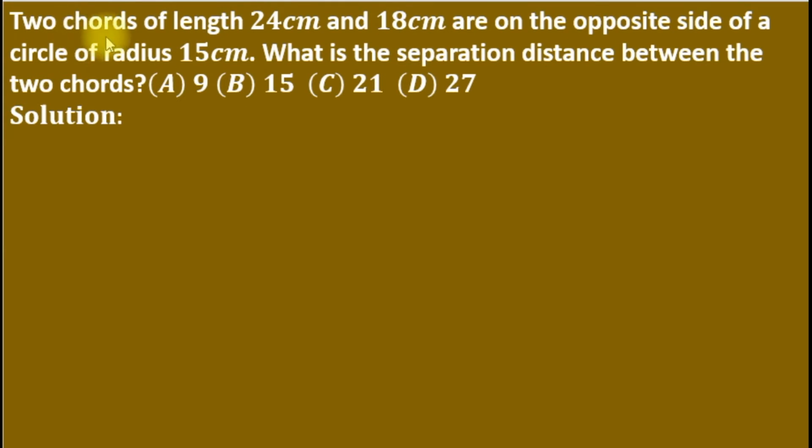Two chords of length 24 cm and 18 cm are on opposite sides of the center of a circle of radius 15 cm. What is the separation distance between the two chords? Let's start by drawing the circle.